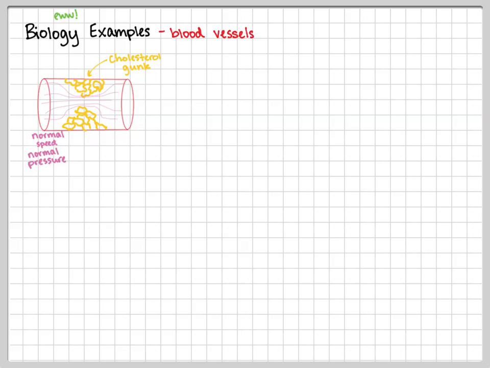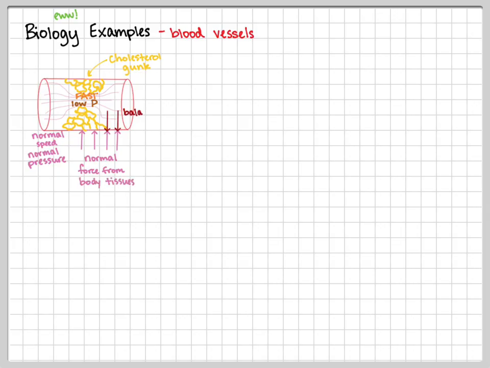It's getting clogged. But in terms of Bernoulli's equation and pressure and flowing fluids, this is exceptionally bad because you have that narrow region and you're going to have a high velocity there. And where you have a high velocity, you're going to have a low pressure.